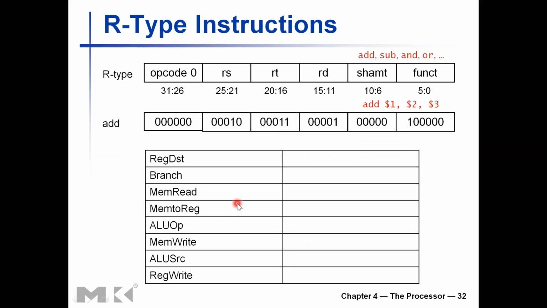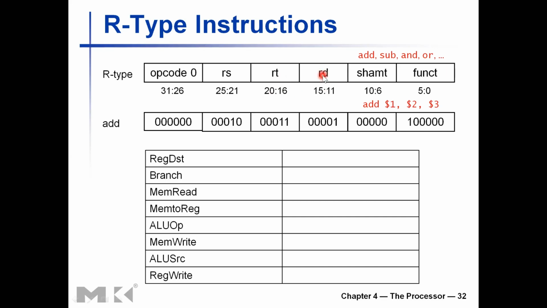If you recall, in I-type instructions the destination register is given in bits 16 to 20. In R-type instructions, the destination register is given in bits 11 to 15.